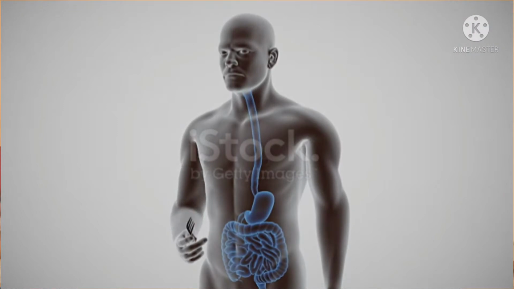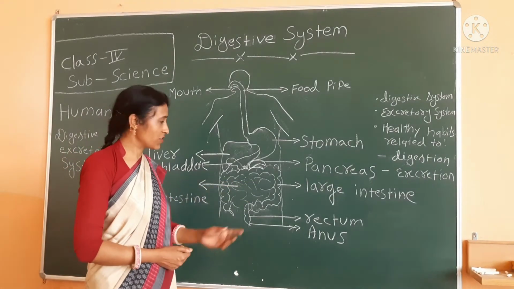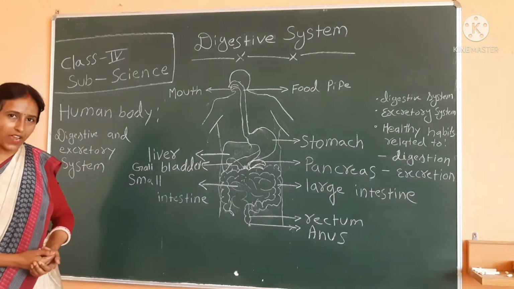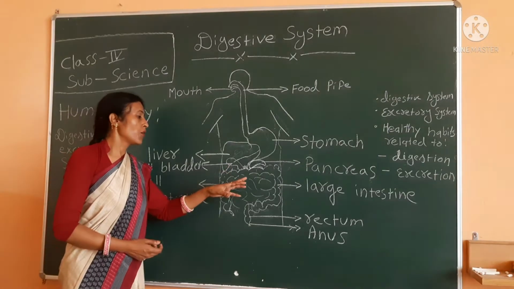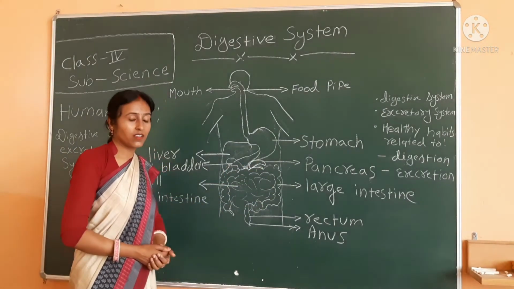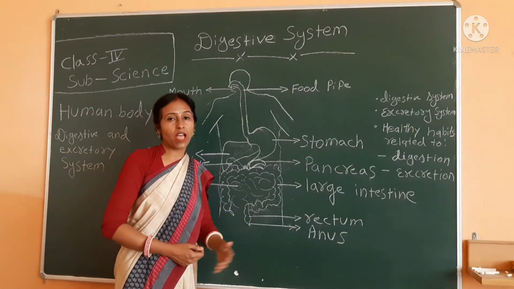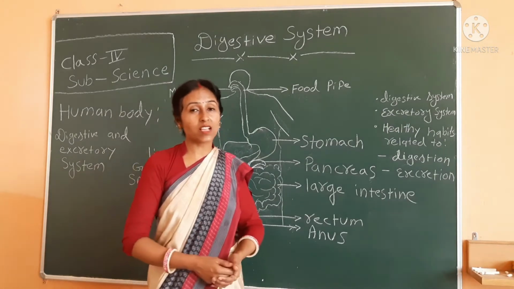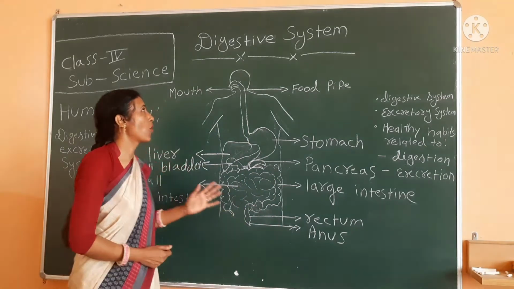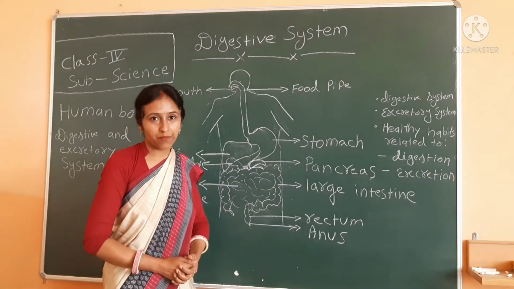After that, the food materials go to the small intestine, which is here. After the nutrients are absorbed, these food materials go through the large intestine, then through the rectum, and finally through the anus. The food materials are passed out from our body.